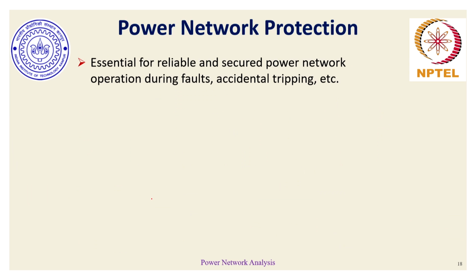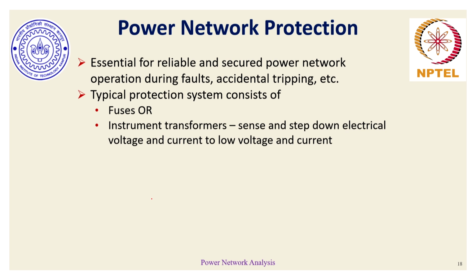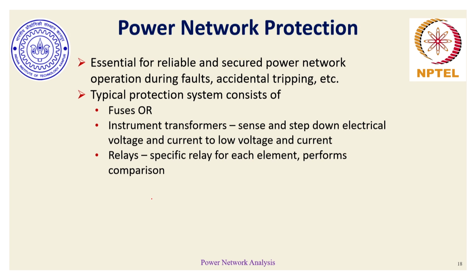In terms of network protection, it is also essential, because during faults or accidental trippings, the unhealthy part of the network needs to be protected from the healthy part. Such a system typically consists of fuses, which were the conventional or classical devices, and over time these have been replaced by different relays, and these relays need different sensors.